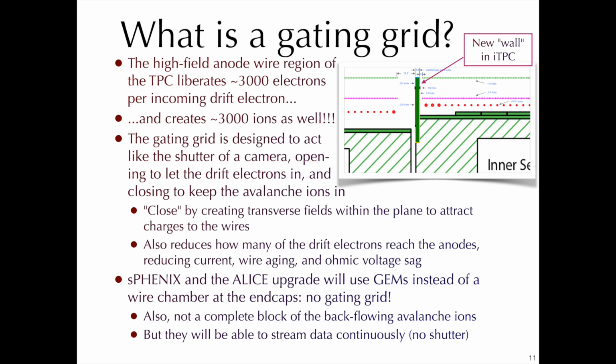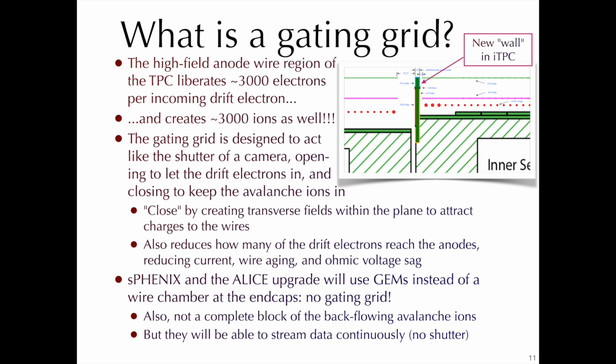I've mentioned earlier that once the electrons that have been drifting reach the end cap, they go through this gating grid, and then they enter the high electric field region once they pass those cathode wires. And this is great. It produces an avalanche with 3,000 electrons essentially coming in per incoming electron, which gives us a good gain so that we can clearly see the signal from the electrons that come in.